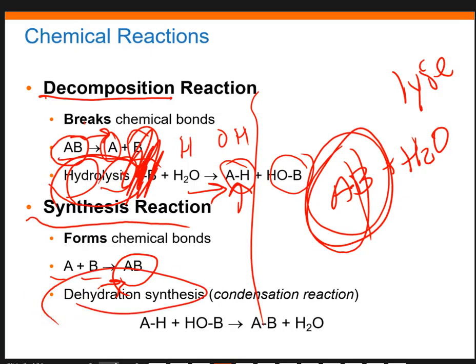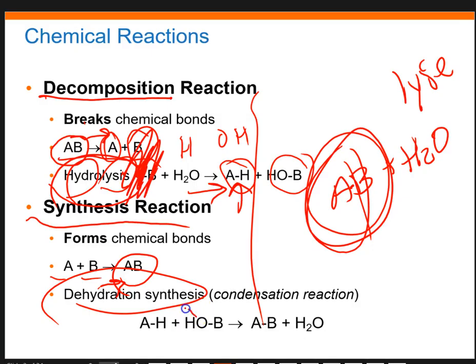Dehydration synthesis reactions are the most important synthesis reactions in humans. With dehydration synthesis, it's literally the exact opposite of hydrolysis. So with hydrolysis, we added a water to break a bond. With dehydration synthesis, we remove water and form a bond, right? Dehydrate, removing water from something.